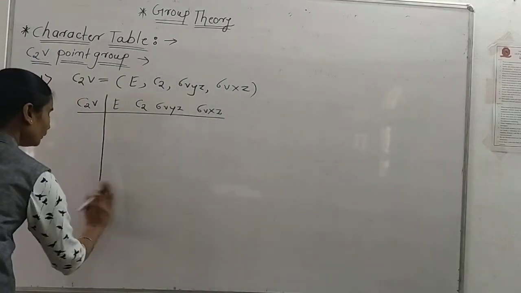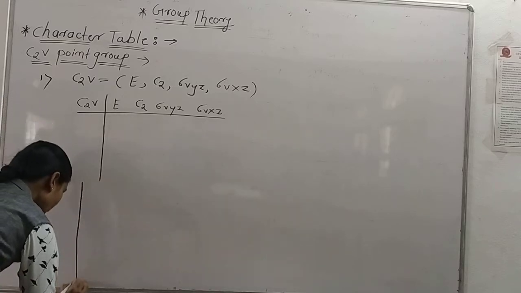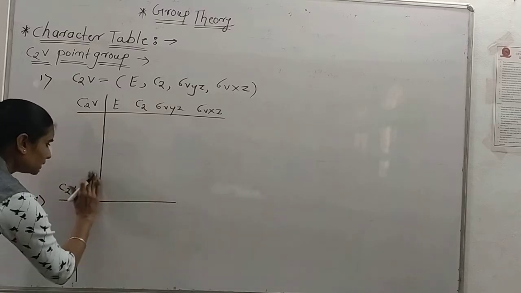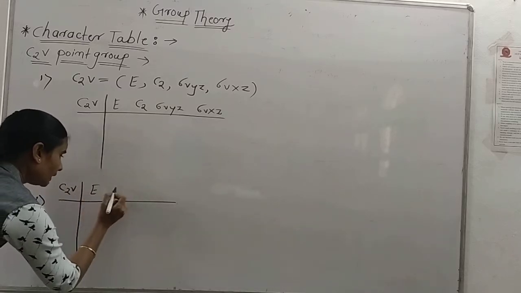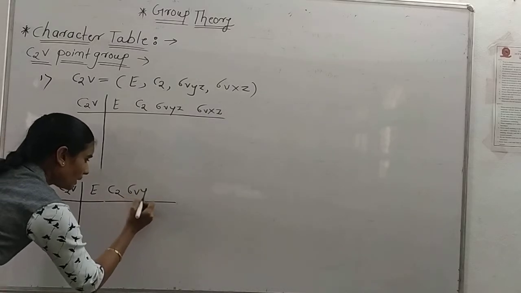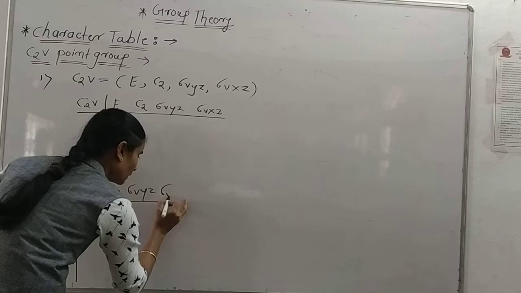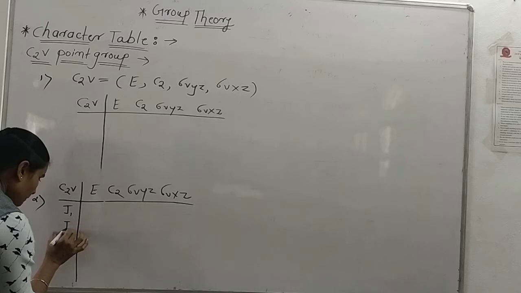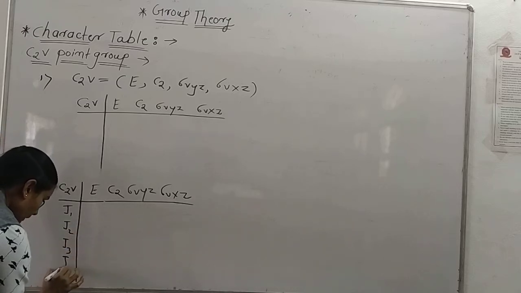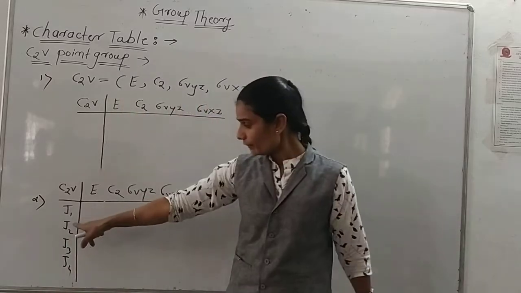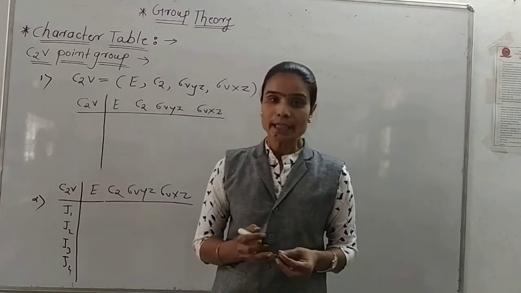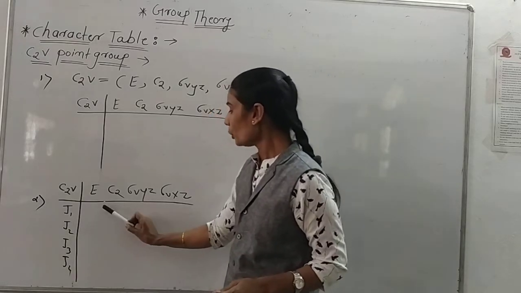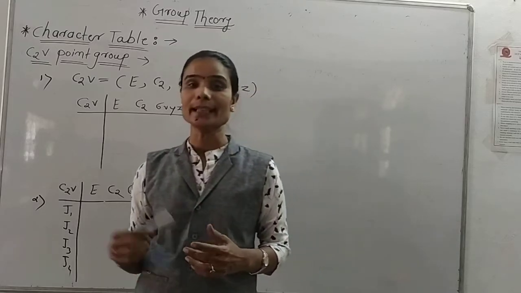They are written as C2V, identity, C2, sigma V yz, sigma V xz, and then J1, J2, J3, J4. These J1, J2, J3, J4 are nothing but the irreducible representations for the C2V point group, which are equal to the total number of symmetry elements present in that point group.